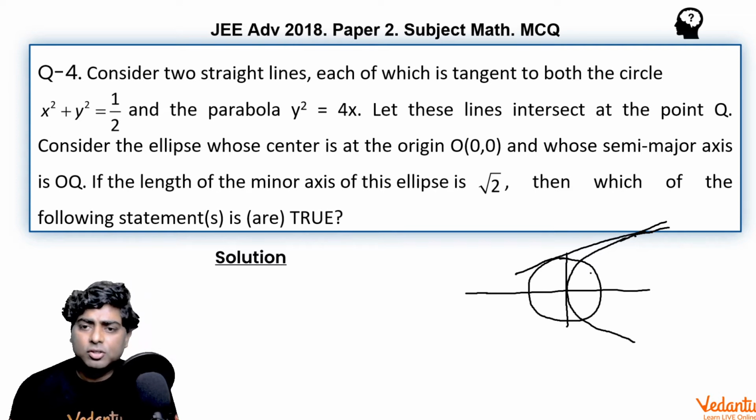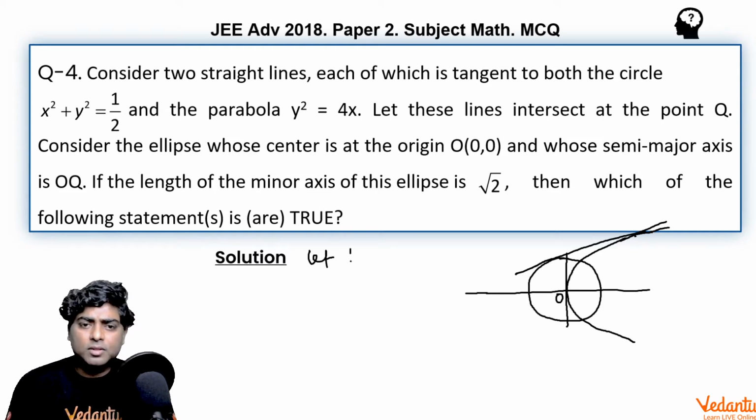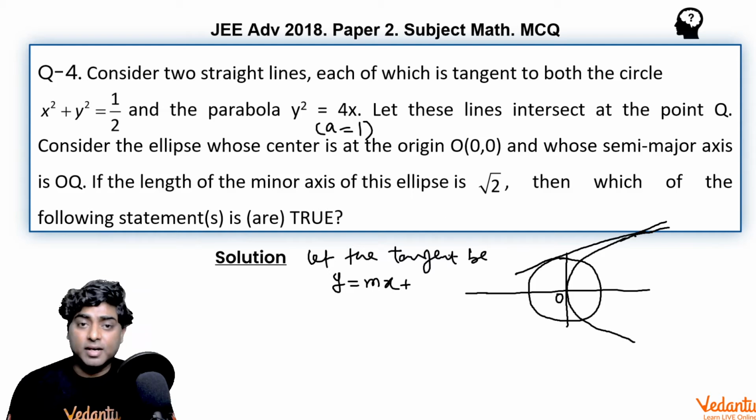We know that the equation of tangent of slope m to the parabola is y is equal to mx plus a by m. So we can assume the common tangent to be of slope m, y equals mx plus a by m, and here obviously a is 1, so that is 1 by m, which is very standardly known.